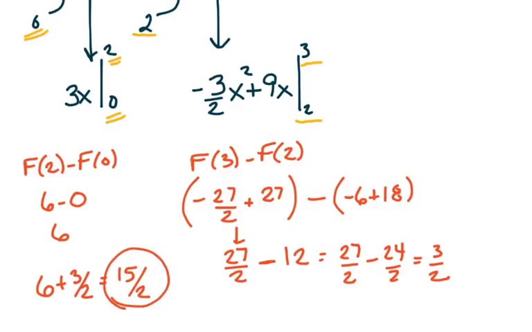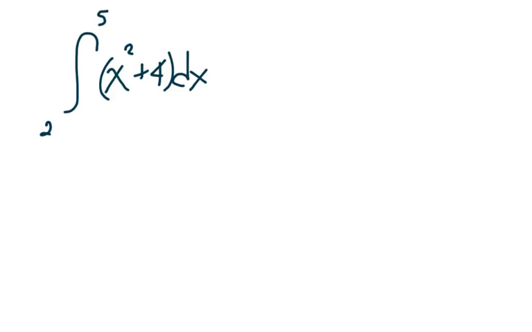Let me go through just another example for you. Now we don't have to graph. Now we can simply use the fundamental theorem and find the area. So the antiderivative of x squared would be 1/3 x cubed. The antiderivative of 4 would be 4x, from 2 to 5.